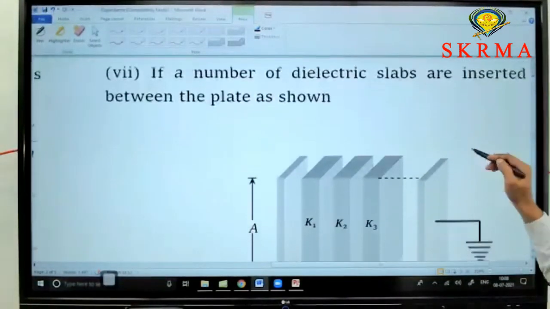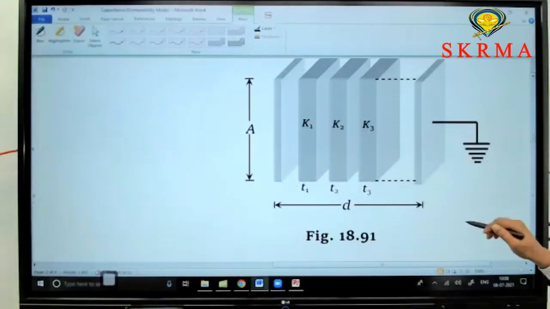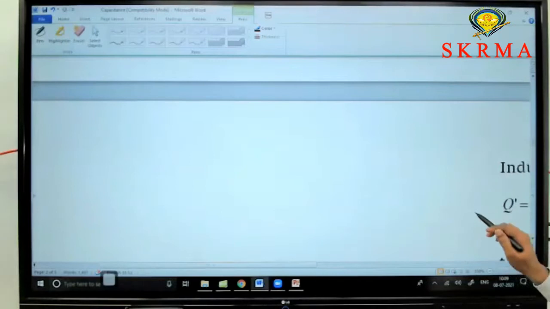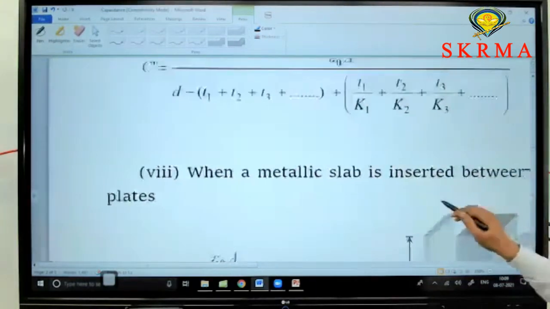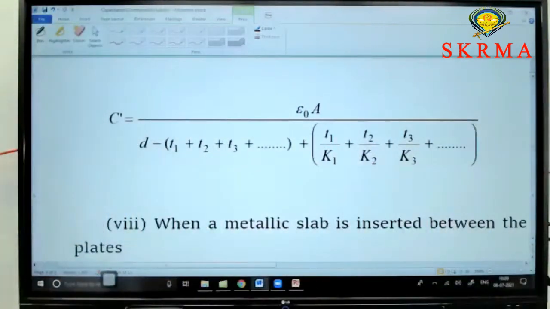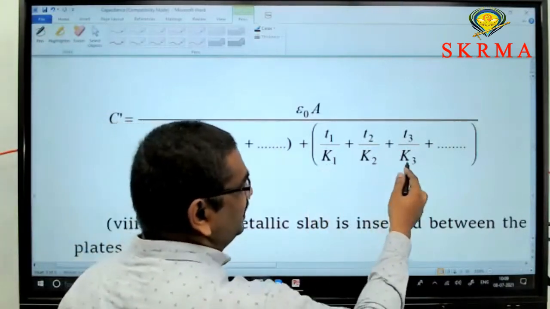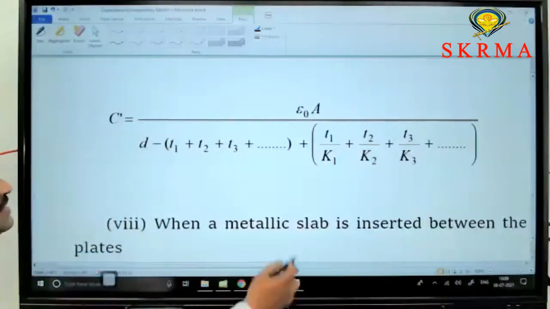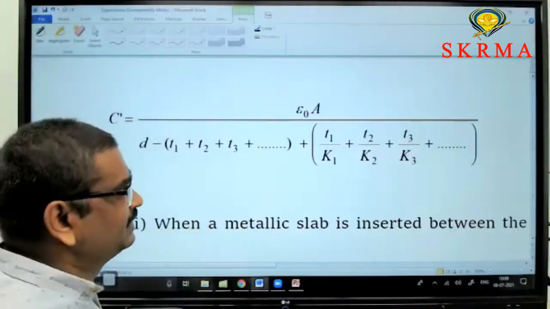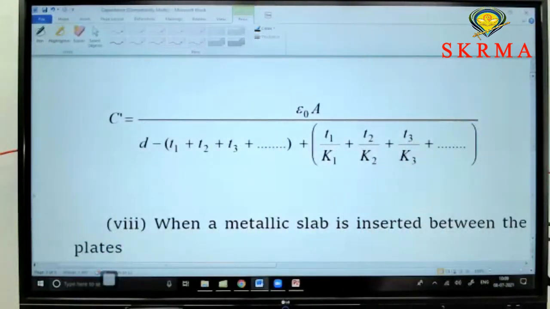So if n number of dielectrics are there, and we are going to fill that capacitor with these n number of dielectric slabs, then what is the formula? A similar formula we need to use. If n number of dielectric slabs are placed with thicknesses T1, T2, T3 and dielectric constants K1, K2, K3, then the capacitance can be written as epsilon naught A by D minus the sum of all thicknesses, plus the sum of thickness by dielectric constant.